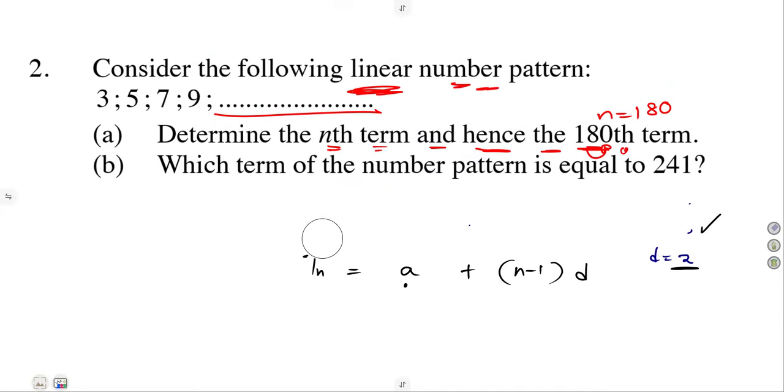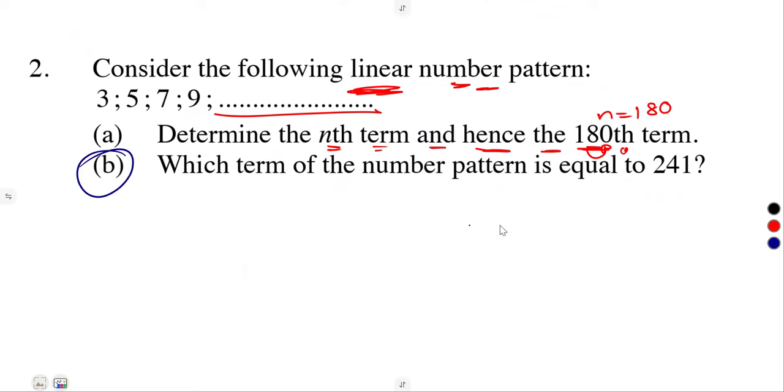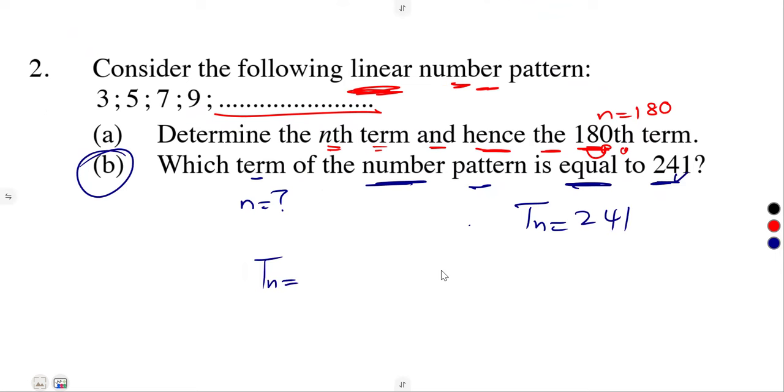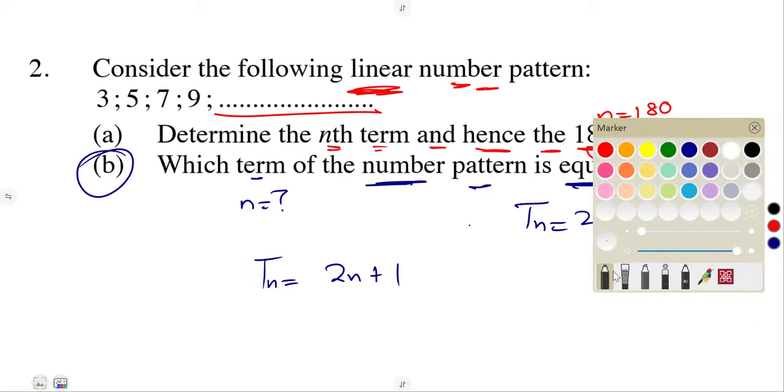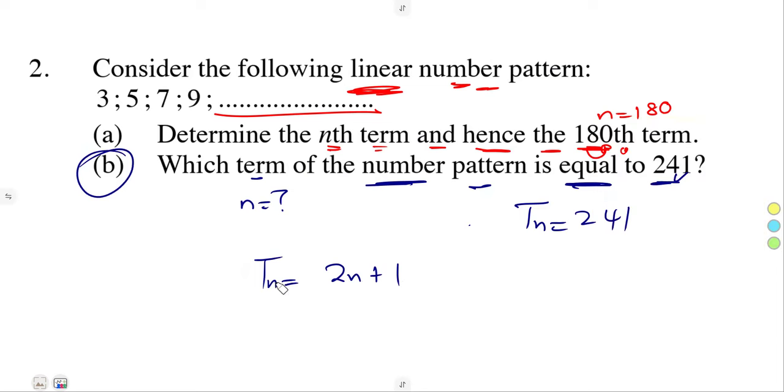You see the B part, it is just one and the same thing, just like what you saw on the previous question. Which term of the number pattern is equal to 241? Remember, already we have got our Tn, which we calculated before, and we said it is equal to 2n plus 1. Just equate the two.